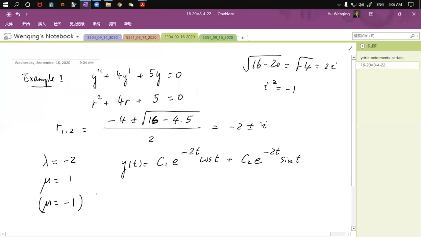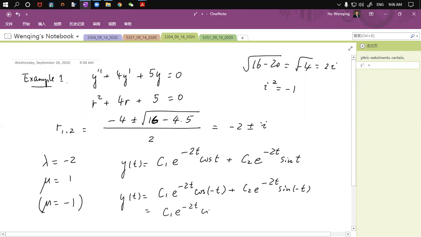If mu is minus 1, the solution y of t is c1 e to the power minus 2t cosine of minus t plus c2 e to the power minus 2t sine of minus t, and therefore this is c1 e to the power minus 2t cosine t minus c2 e to the power minus 2t sine t.